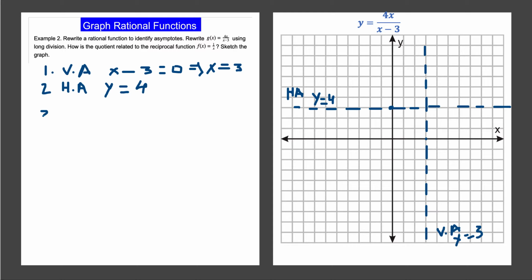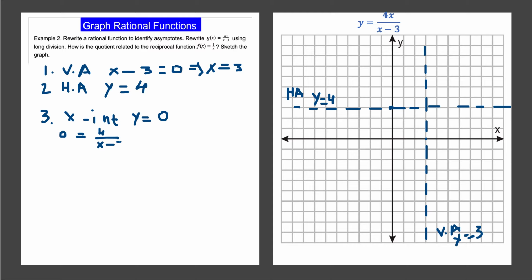Now let me find the x-intercept. Does it have any x-intercept? To find the x-intercept, y has to be equal to 0, the same way we find the x-intercept of a quadratic function. Instead of y, we plug in 0, and instead of the right side we write the function as it is, 4x over x minus 3.